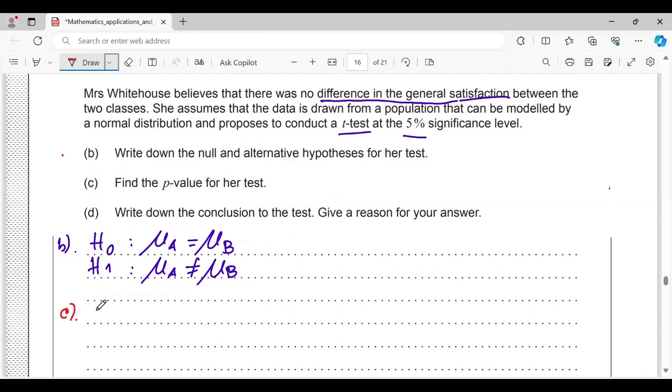For the calculation you have to use the degrees of freedom, or df. df equals n1 plus n2 minus 2, and it is 18 because 10 plus 8 is 18, minus 2 equals 16.